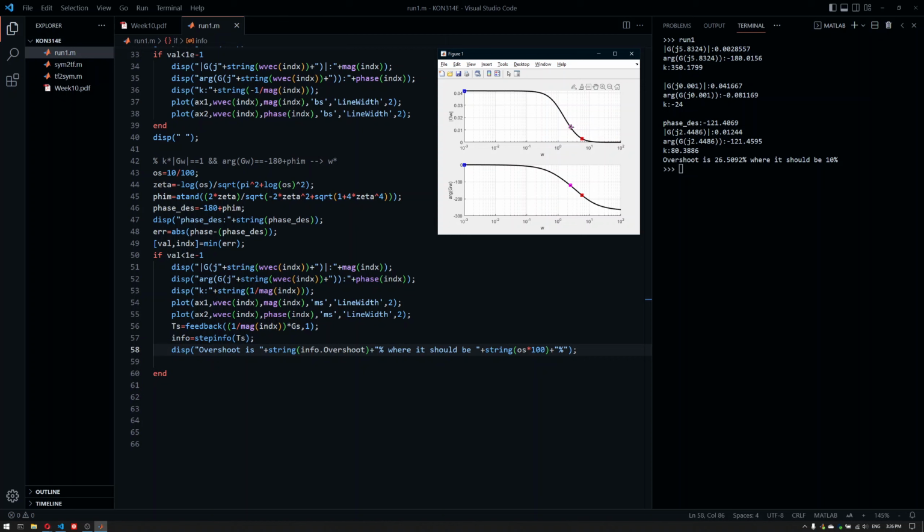So I drop down here to 26%. If I go a little bit to the left, increasing the phase margin a little bit for this system specifically, I can tune it maybe to get this to hit 10%. So this can be used for initial guesses, and then you can adjust your guess a little bit more.